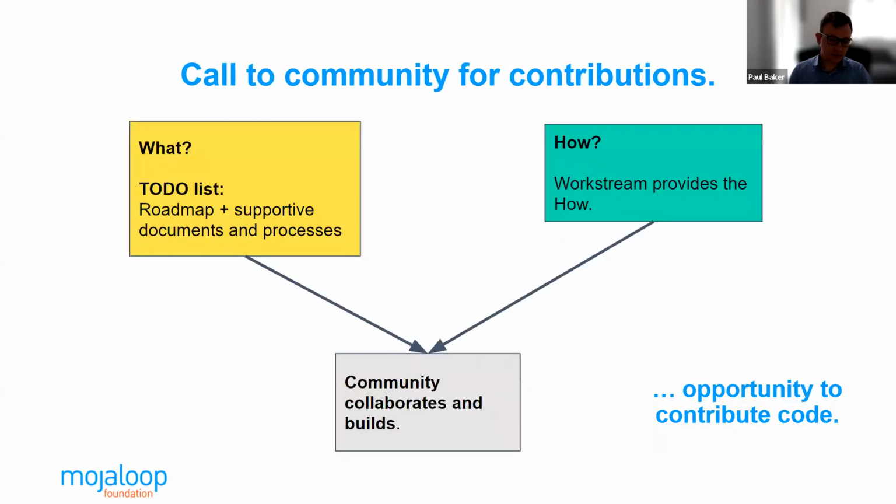Okay, last slide I've got here, and this is to illustrate what we're going to do by the end of this work stream, and that we're planning on having this call for contributions. So there are 2 outputs.